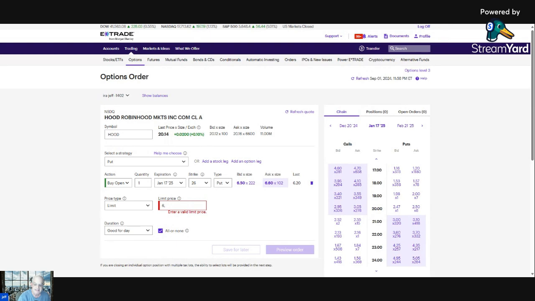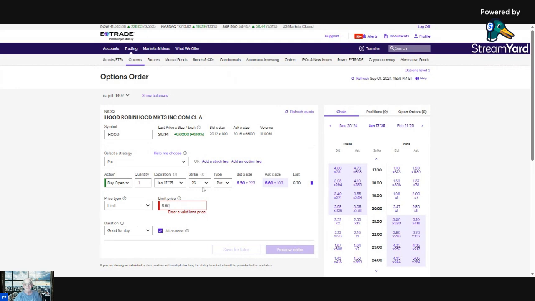It won't permit the middle. It has to go by 10, 20, 30, 40, 50 cents. Some of them. A valid limit price. So 6.60, the market's closed, but there's a way to do it. So that's the general idea of how to enter a put trade.